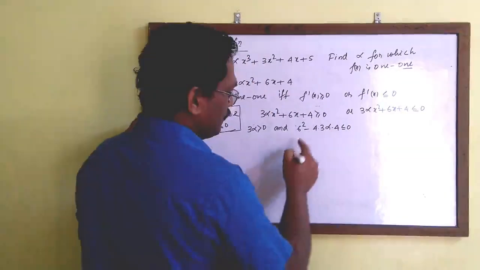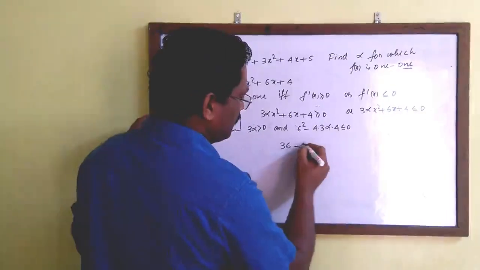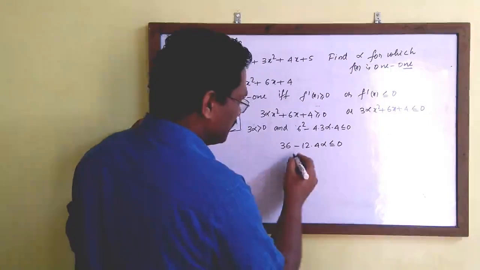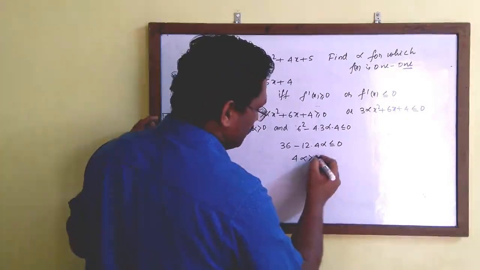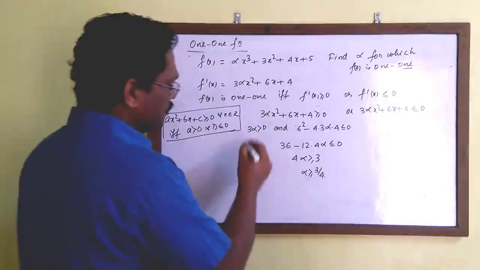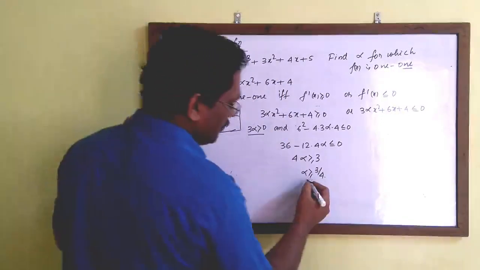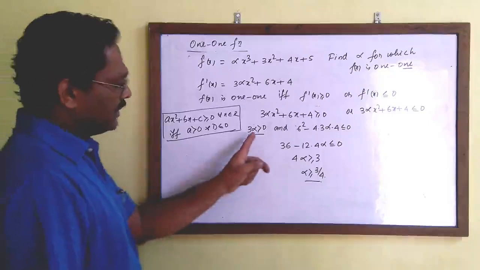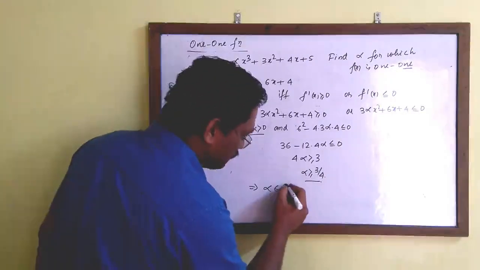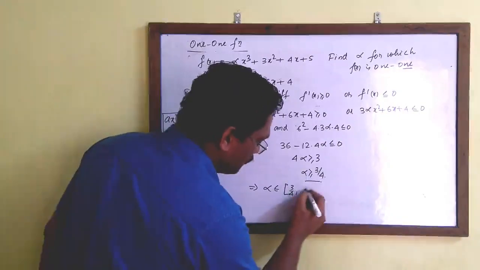So we can cancel out, in fact, 36 minus 12 into 4 alpha is less than equal to 0. So 4 alpha is greater than equal to 3. So alpha is greater than equal to 3 by 4. Now you have 3 alpha positive and this positive. So what is the intersection of these two? The intersection of these two is 3 by 4 to infinity.